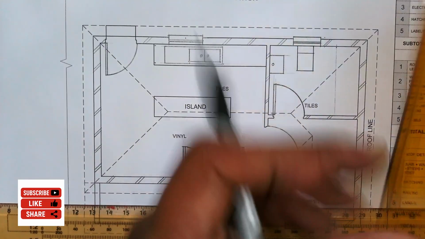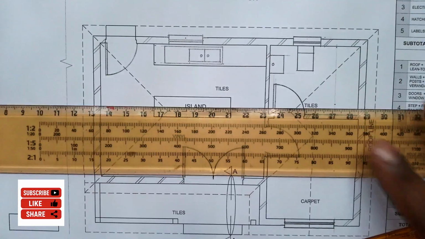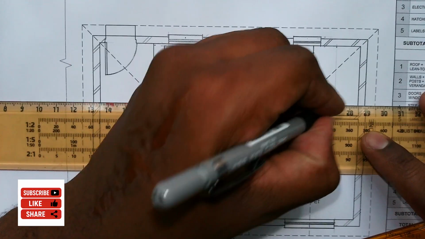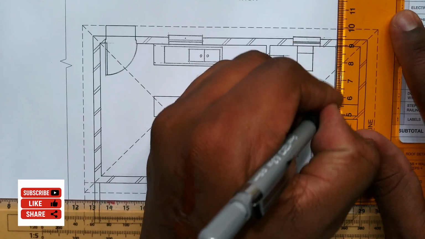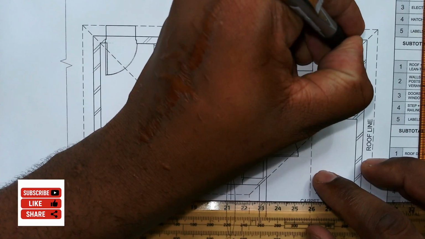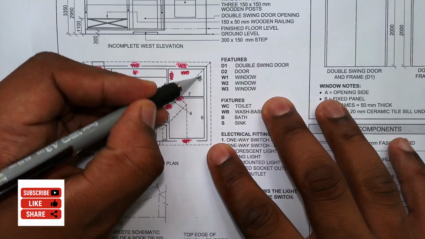Then the length is 34, so on that line I'll measure 34 and then draw in the bath there like that with a circle. So this is the bath. I'm done with the bath. I can mark that off.